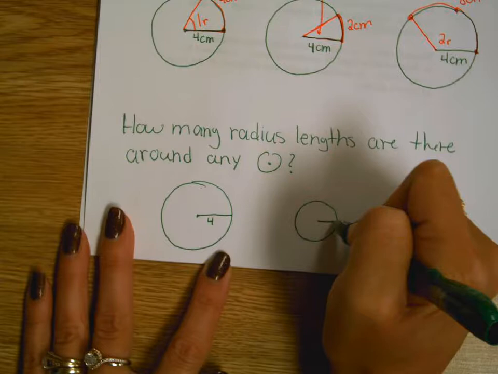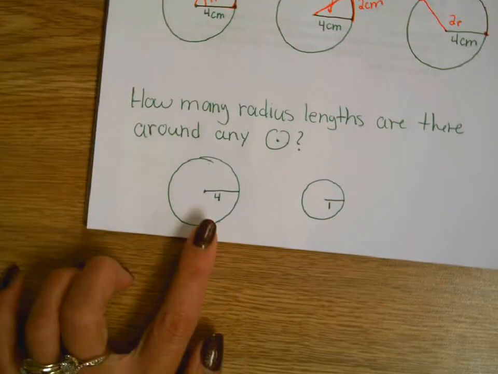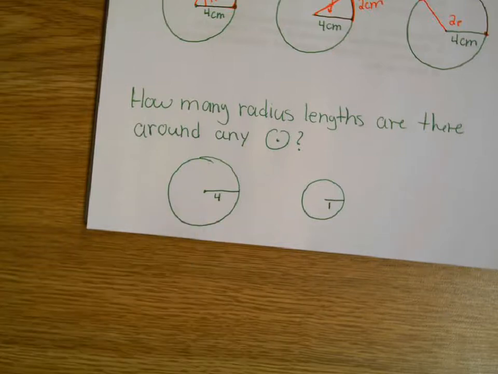Doesn't matter how big the circle is. I could have a 4 centimeter circle. I could have a 10-mile radius circle. How many radius lengths are there around any circle? How are we going to figure that out? Think about how many radius lengths around a circle there are.